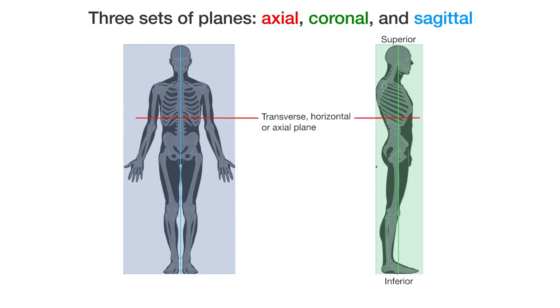It's also convenient sometimes to divide the body into anterior and posterior segments. These are done with planes called either coronal or frontal planes. And then lastly, we often divide the body into right and left planes. We describe the mid-sagittal plane as one dividing the body into equal right and left halves. Parasagittal planes are ones which are parallel to the mid-sagittal plane.